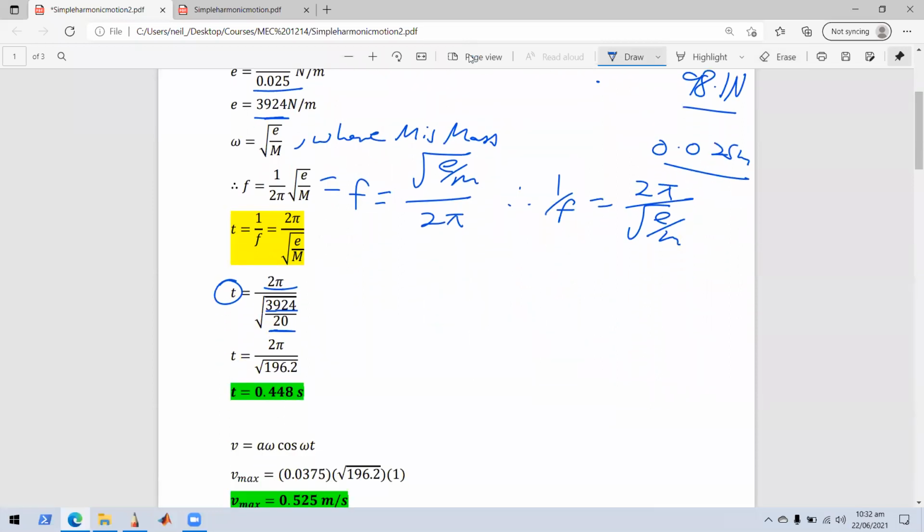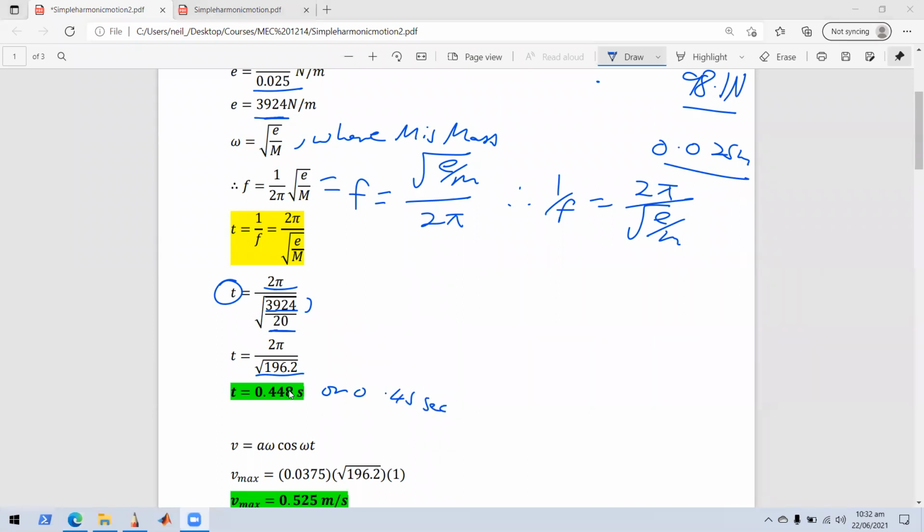So 3,924 divided by 20, find the square root of that, and 2 pi divided by the answer. That will evaluate to T is equal to 2 pi divided by the square root of 196.2. So T is equal to 0.448 seconds or 0.45 seconds, right?